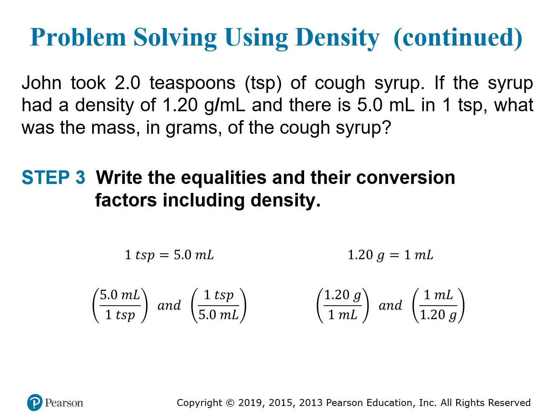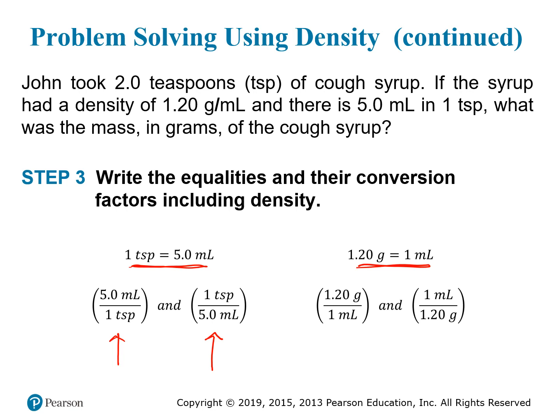So if both of these things are conversion factors, then we'll need equations for them. Okay? So on the left-hand side, you have 1 teaspoon equals 5.0 milliliters. That's directly from the problem statement. And so that gives you these two conversion factors, 5 milliliters per teaspoon or 1 teaspoon per 5 milliliters. And then if we look at density as a conversion factor, we can say that 1.2 grams equals 1 milliliter for this particular type of syrup.